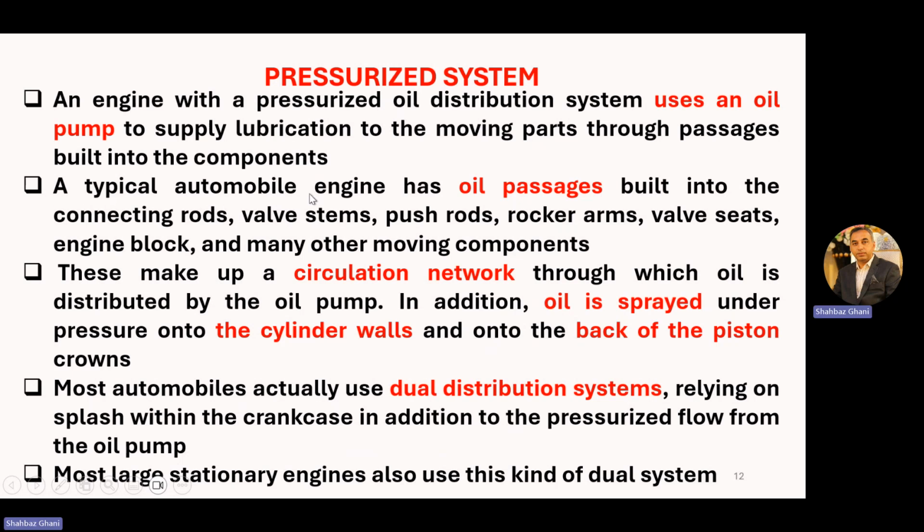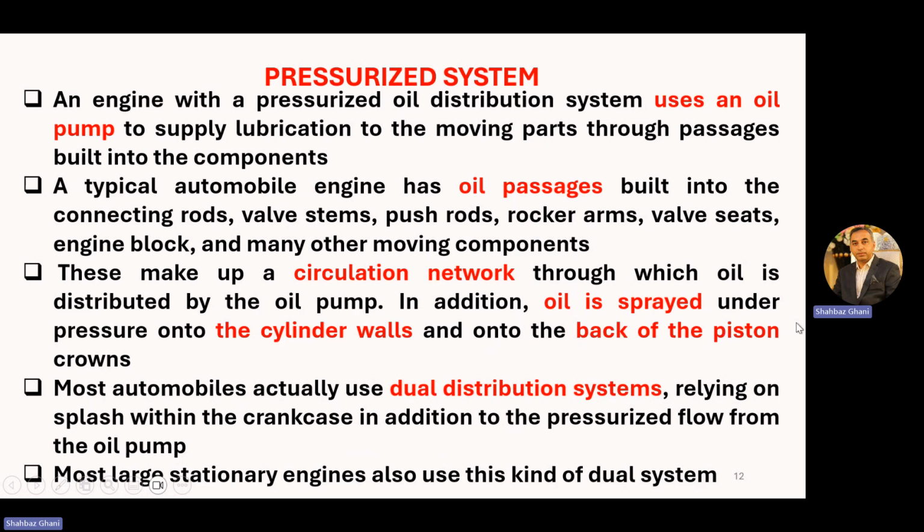A typical automobile engine has oil passages built into the connecting rod. So a hole drilled through and through is built into the connecting rod, valve stems, push rods, rocker arms, valve seats, engine block, and many other moving components. So passages are built so that the oil moves in those paths to complete the circulation. These make up the circulation network through which oil is distributed by the oil pump.